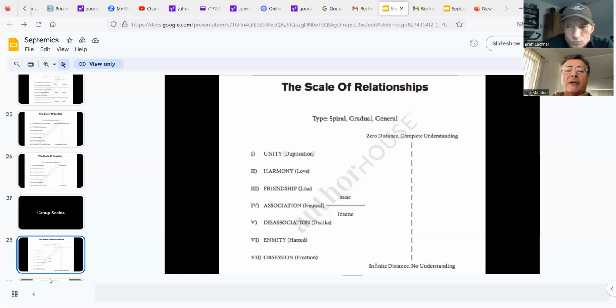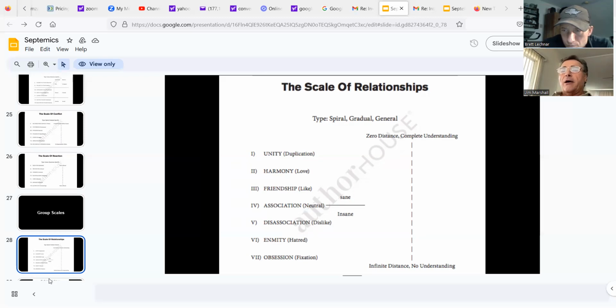And very often, you'll get empathy and telepathy manifesting at that level, where the relationship is so good that you don't have to say anything. So the person can just pick it up.